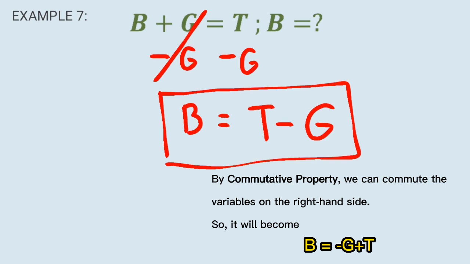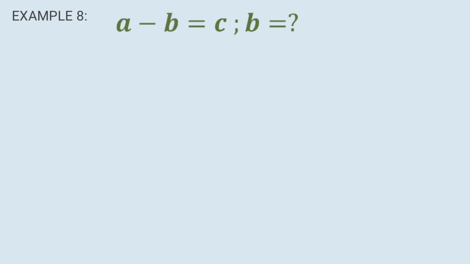For example 8, what if this is the literal equation? You can see we are asked to get what is b. We will rewrite it: a minus b is equal to c. As we all know, we have to eliminate a here.